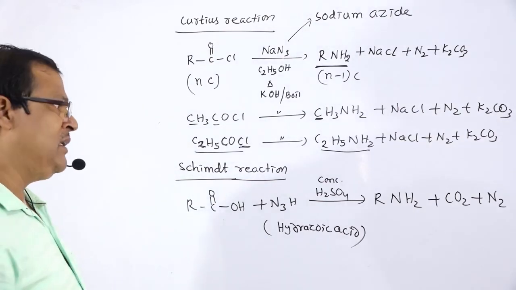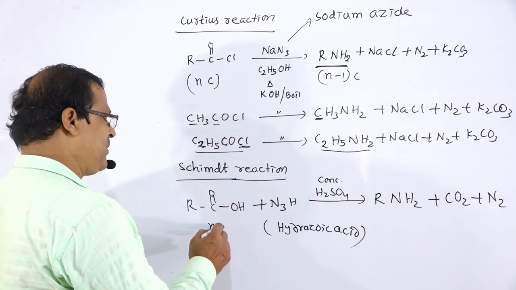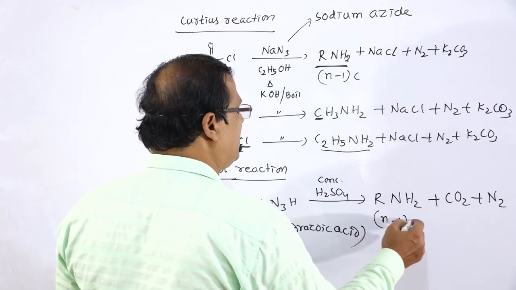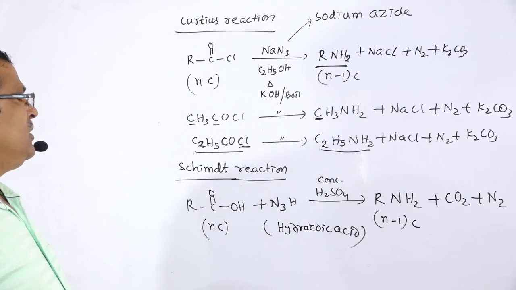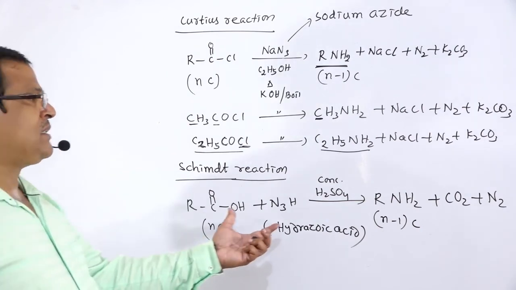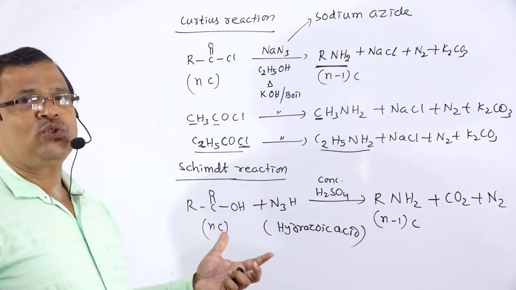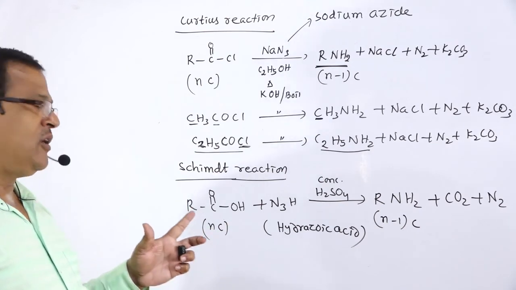If this contains n carbon atoms, this contains n minus 1 carbon atoms. This process is also used to decrease the number of carbon atoms during organic conversions.